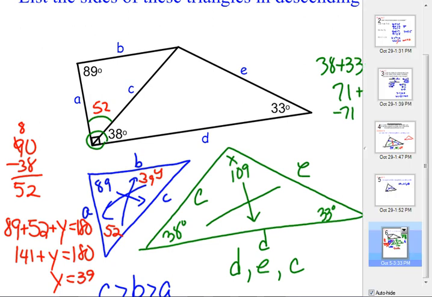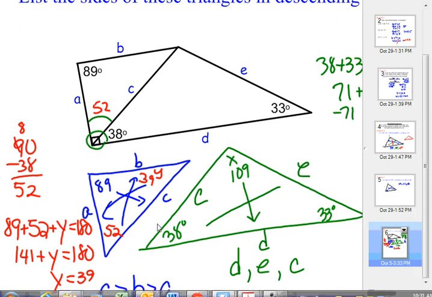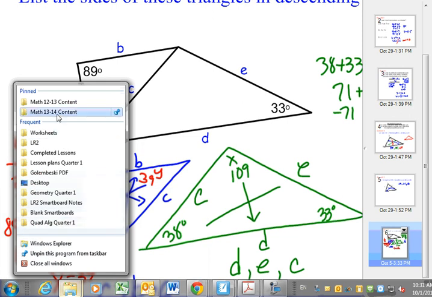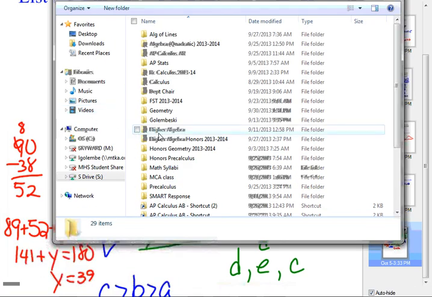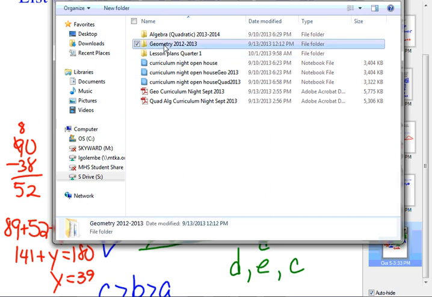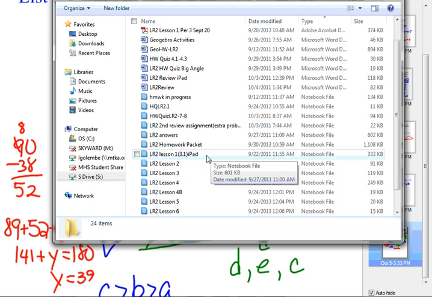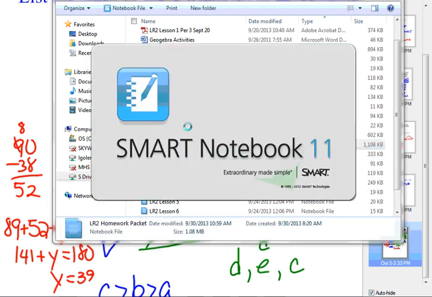Now, I'm going to bring up the homework, and we have to go back to lesson 4, because you didn't have it done yesterday, and I don't know why we didn't go over it, but we didn't. So let's go over lesson 4 first, and answers are online. Sorry, I had to find it.